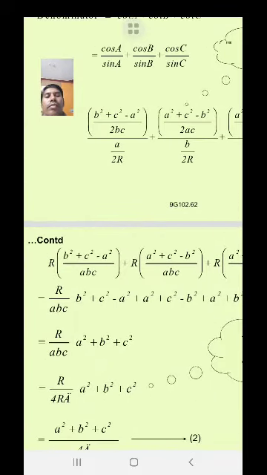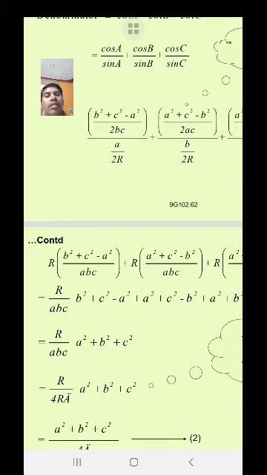So if the denominator goes upside, it becomes reversed, that is 2r by a. So 2 gets cancelled and we get r by abc.